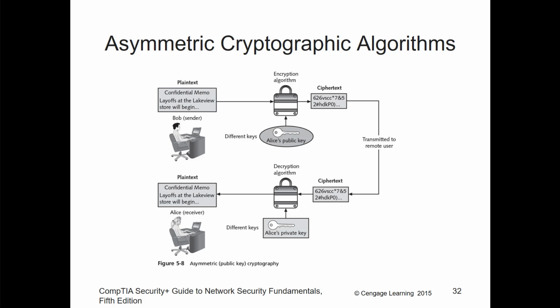So I may have Alice's public key, but only Alice can actually decrypt my message to her. Just like if Alice wanted to send a return message to Bob, Alice would have to take Bob's public key, use that to encode the message, and then send it. Bob would have his private key, and Bob would use that private key to decrypt the message.